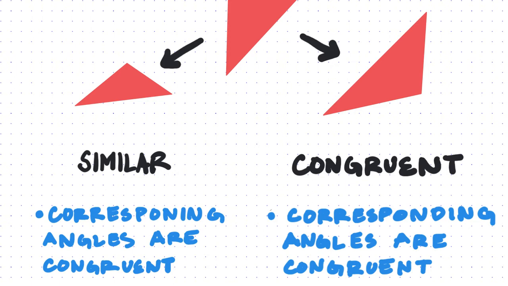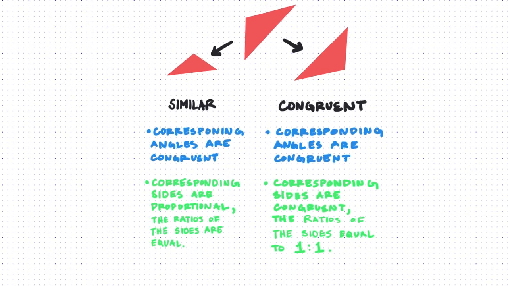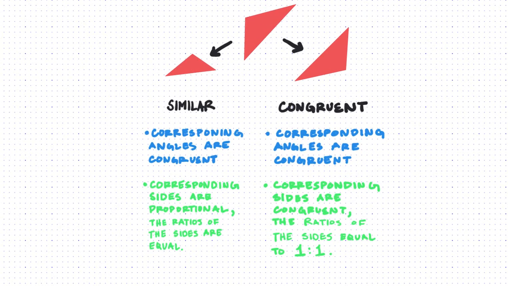But if we continue on and we compare the sides of the triangles, you'll notice that, hey, this is where things start to get a little bit different. Similar triangles, the sides of them are just proportional to one another. And the difference is that the sides just have an equal ratio.